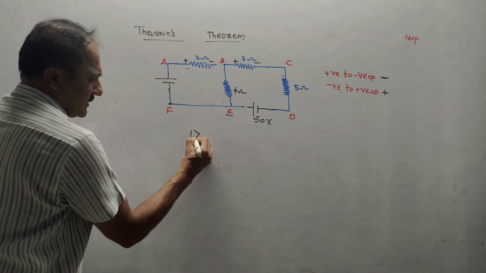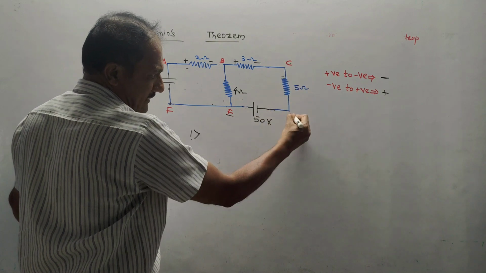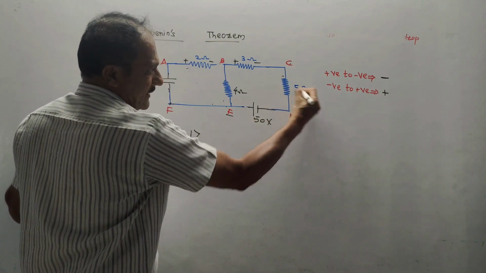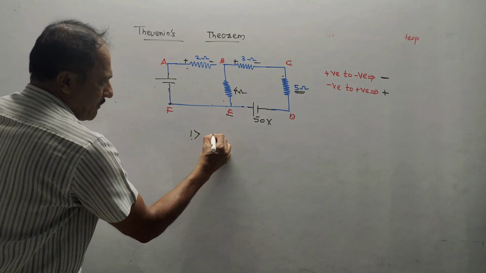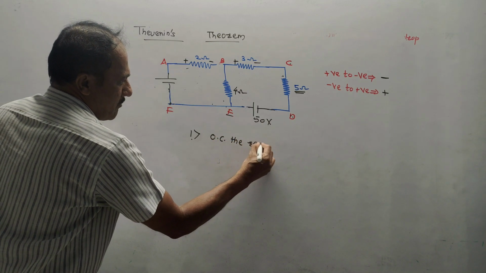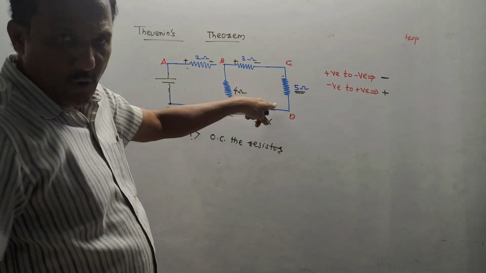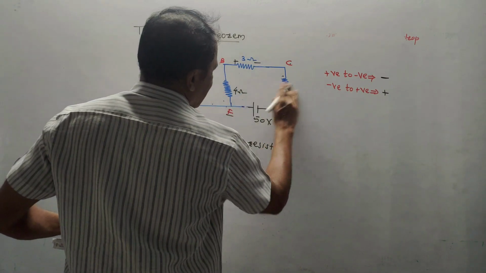I will explain the steps. Since it is asked to calculate the current passing through branch CD, that is through 5 ohm, the first step is to open circuit the resistor. Means 5 ohm, it is asked to calculate the current passing through 5 ohm, so first step is open circuit this.